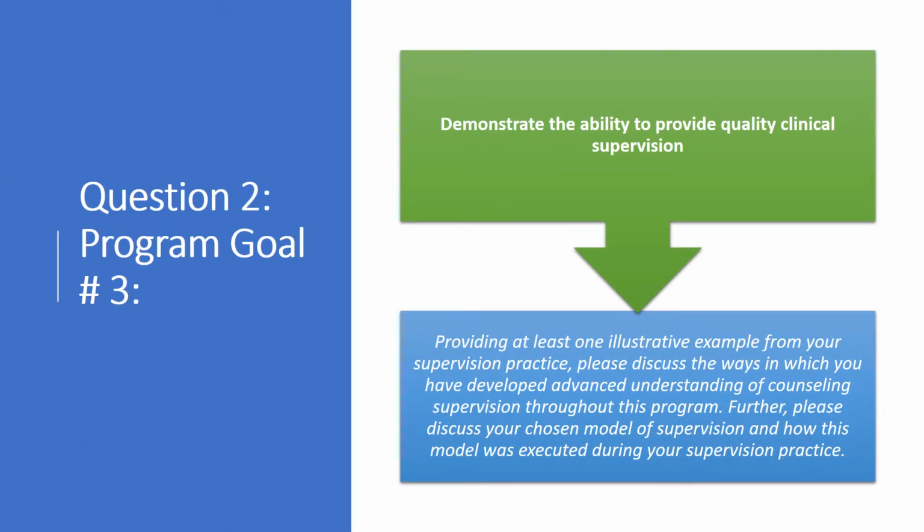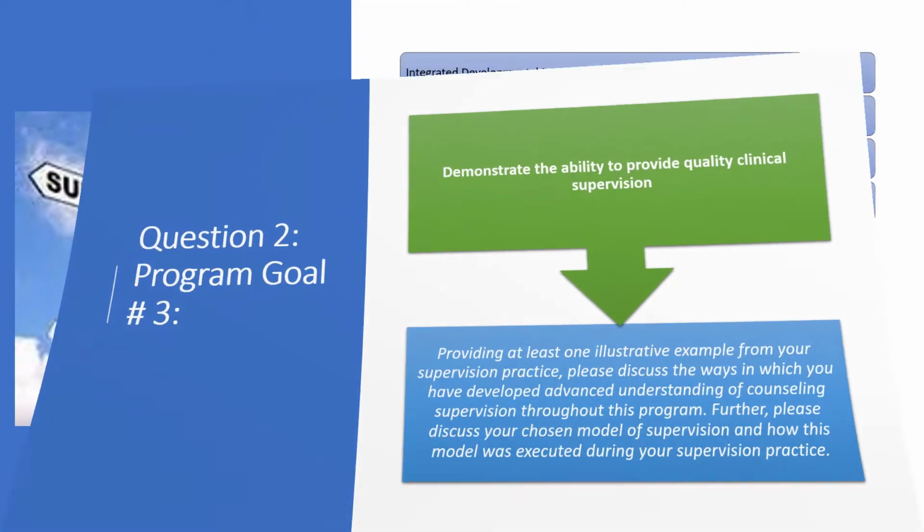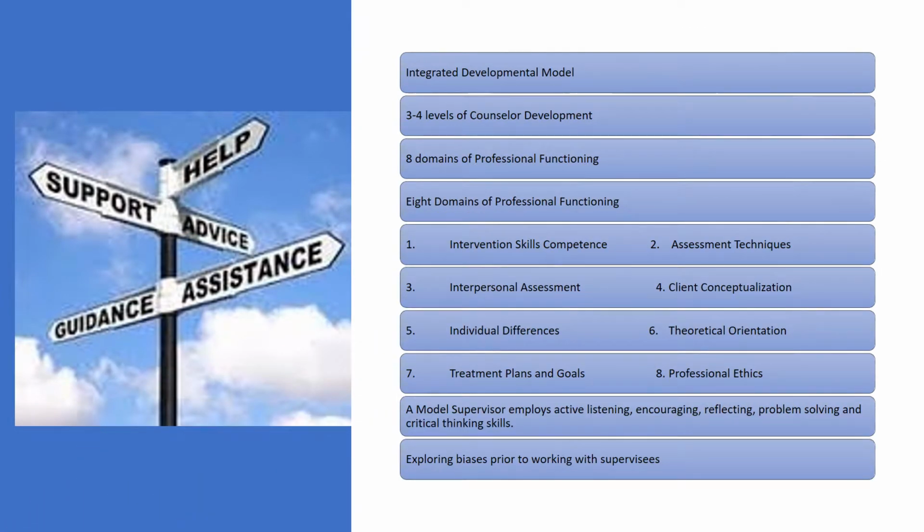Question number 2. Demonstrate the ability to provide quality clinical supervision. I chose the integrated developmental model. This model presents 3 and at times 4 levels of counselor development. Level 1 supervisees are generally entry-level students who are high in motivation, yet high in anxiety and fearful of evaluation.